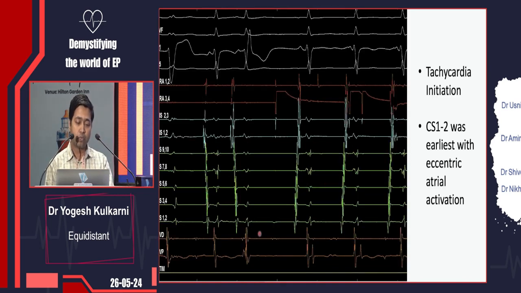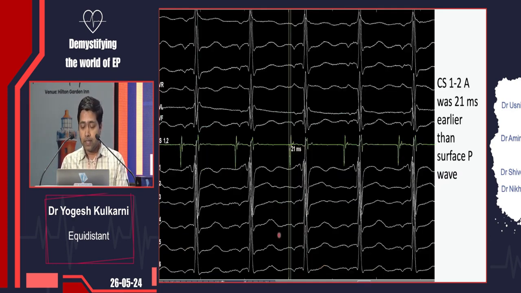Again, the CS12 was earlier, showing eccentric activation. This is also showing the left and the lateral part of the LA, which is causing this activation. Then we compared the CS12 EGM with the P wave, and the CS12 EGM was around 21 millisecond ahead of the tachycardia P wave.